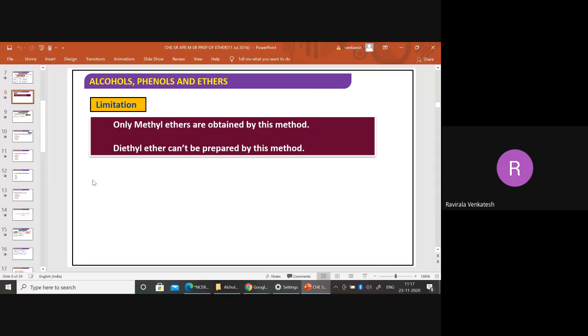Now, when you observe here, CH3CH2ONa, a small example I am taking, right? Reacting with CH3CH2Br. Now, what is happening here? First of all, this bromine will be removed. So now we get CH3CH2 plus. Then this nucleophile attacks here on the carbon.